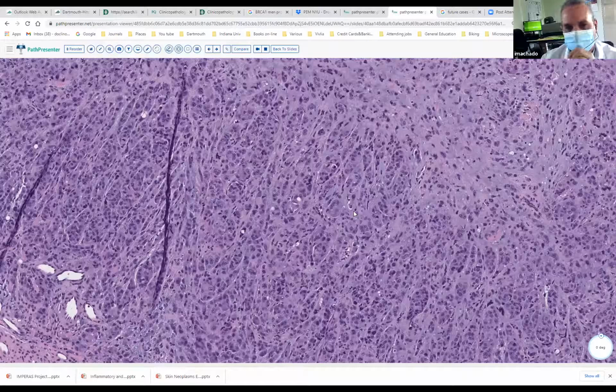So at the beginning, maybe cytokeratin and neuroendocrine markers. And I don't know if anybody wants to make a remark. Dr. Greb, do you want to say something or give an opinion?